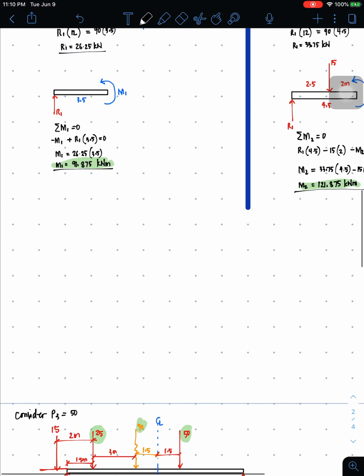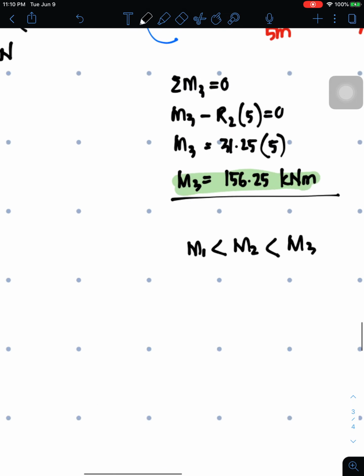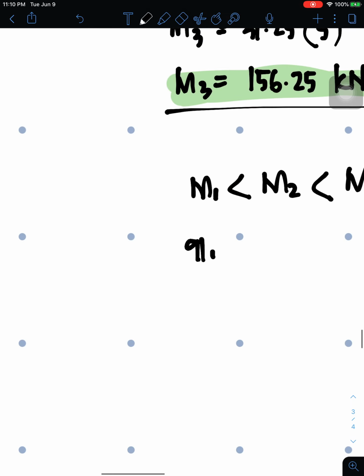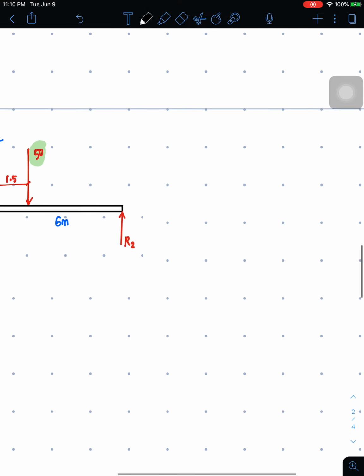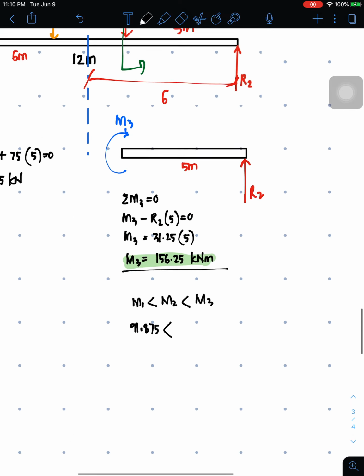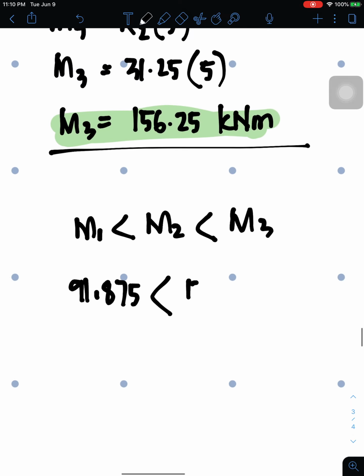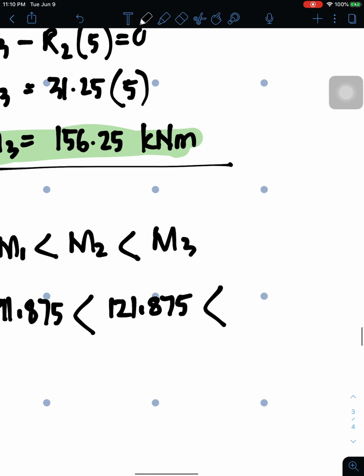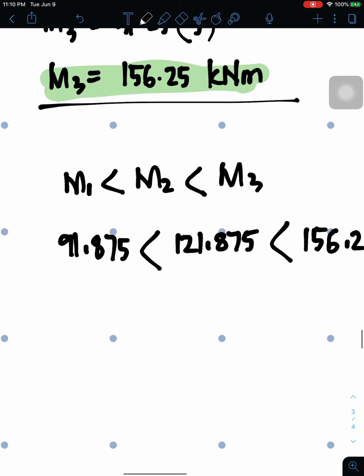So 91.875 is lesser than 121.875, and lesser than 156.25.